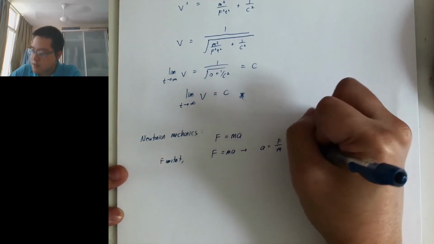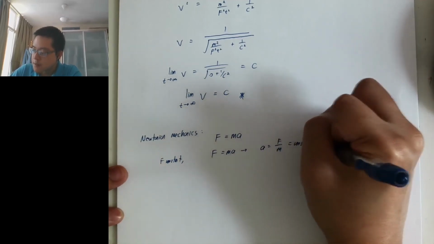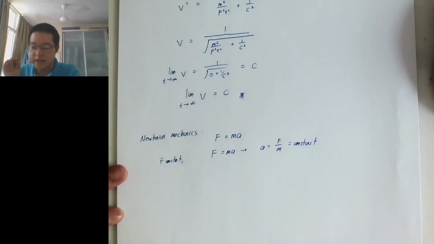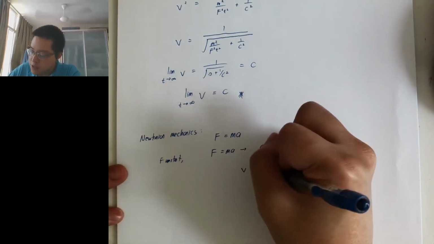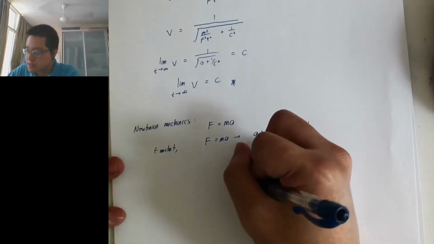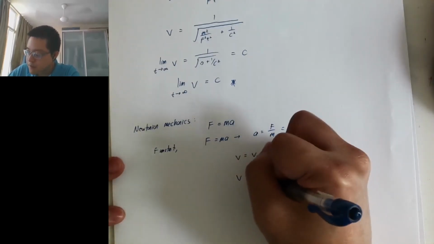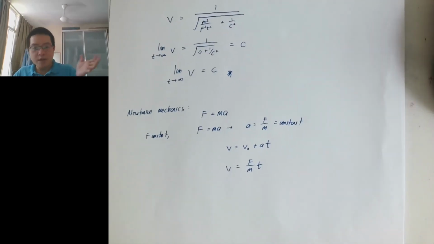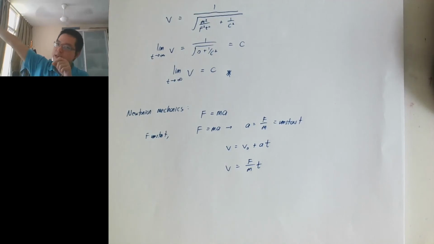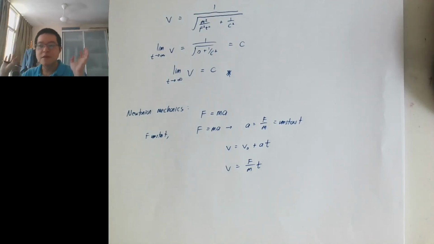Then it's a constant, right? So that means acceleration is a constant in Newtonian mechanics. In Newtonian mechanics, when you have constant acceleration, you use your kinematic equation like this, right? And I start from rest, so v is equal to F over m t. So in Newtonian mechanics, if my force is constant, your velocity is increasing linearly in time. This one everyone knows from Newtonian mechanics.